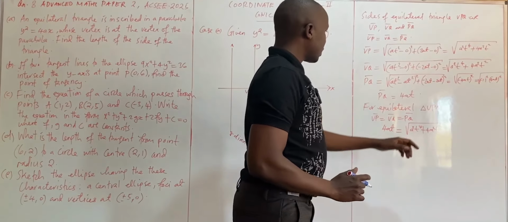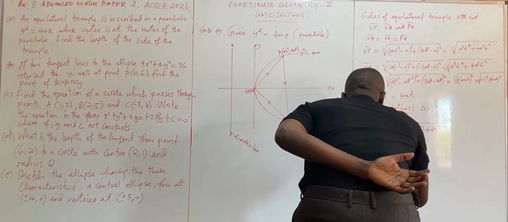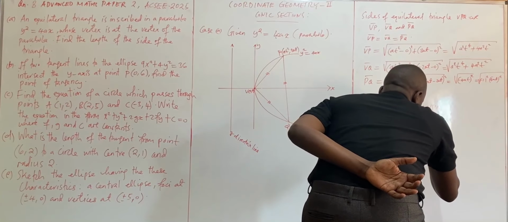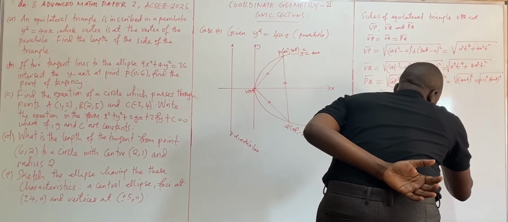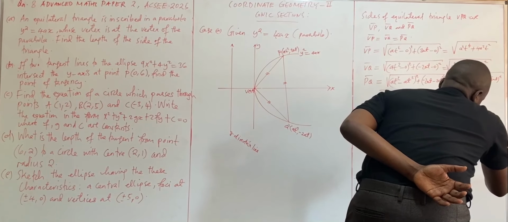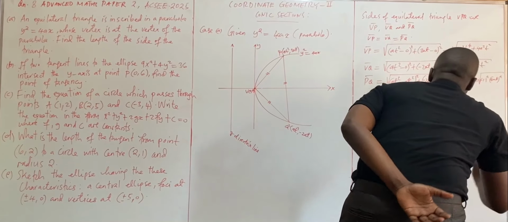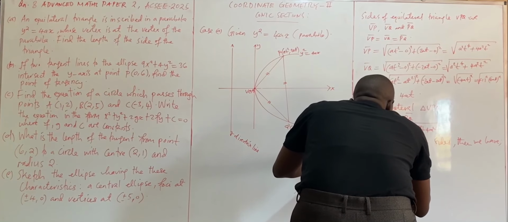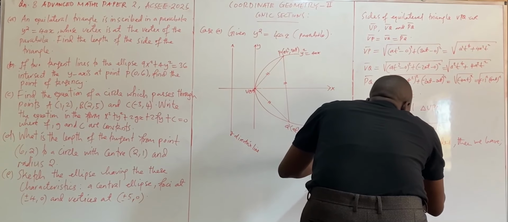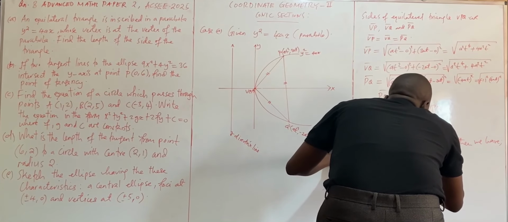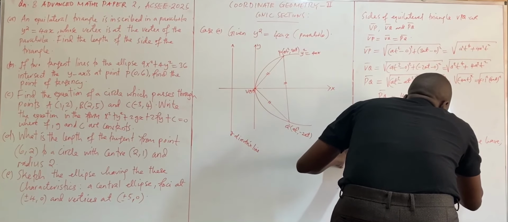Now on squaring both sides here, then we have, what exactly do we have here? If you square here now, you'll have 16a squared t squared equals to a squared t raised to 4 plus 4a squared t squared.